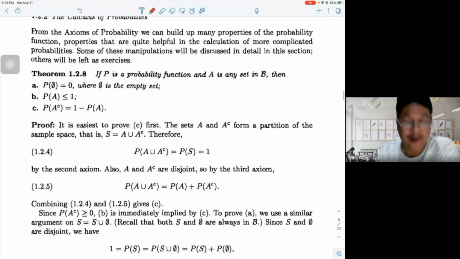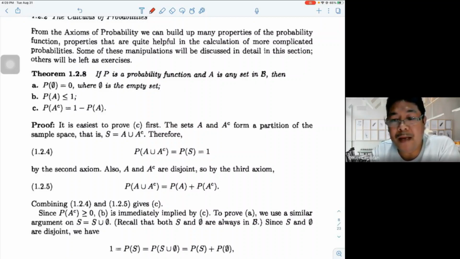Theorem 1.2.8 says, if P is a probability function and A is any set in script B, then the probability of an empty set is equal to 0. The probability of any event A should be less than or equal to 1.